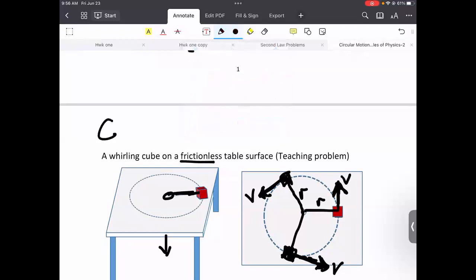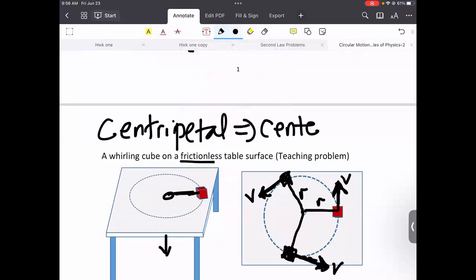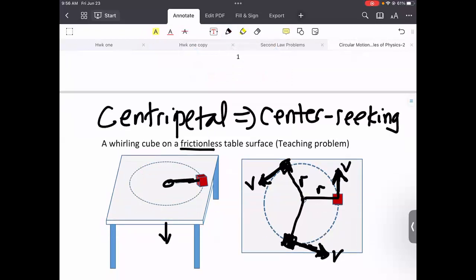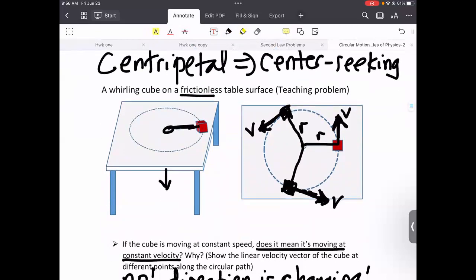Okay. So when we talk about centripetal, this refers to center seeking. So it is always directed towards the center. As you can see, if I look at this situation here, the direction of acceleration right now will be towards the center.